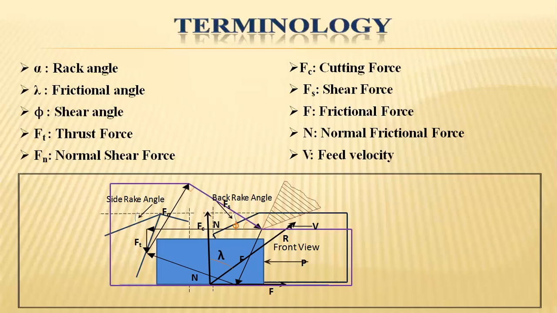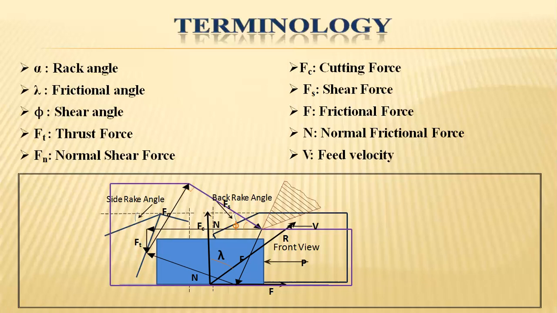Fc is the cutting force. Fs is the shear force which acts at the tool tip engagement with respect to the material, and F is the frictional force acting in a unidirectional strategy without changing its movement, particularly its magnitude and direction.